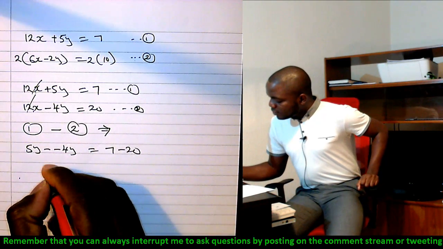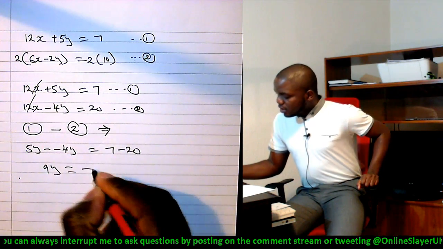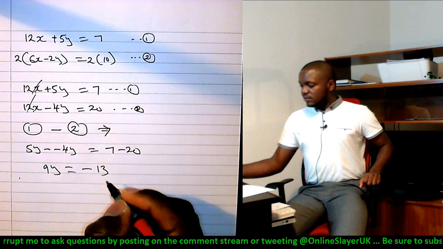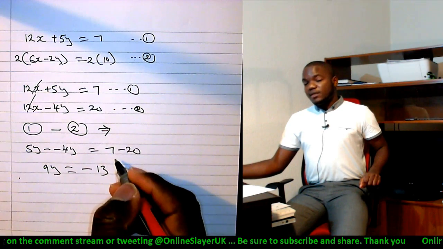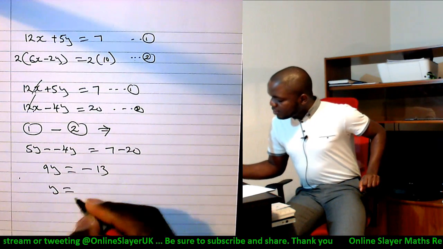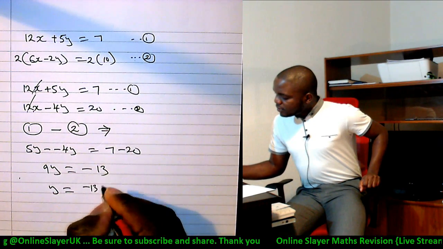And that gives you 9y equals minus 13. By now, I believe you understand what to do when you've got a small value minus a big value. So y becomes minus 13 over 9.